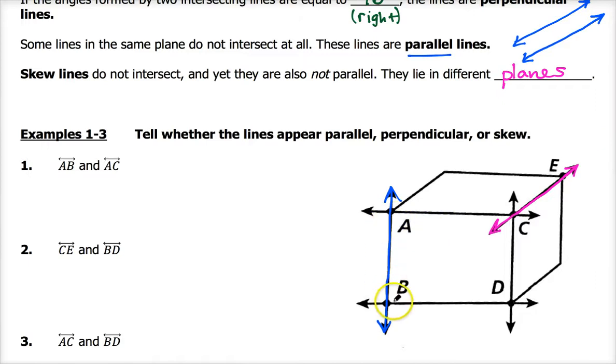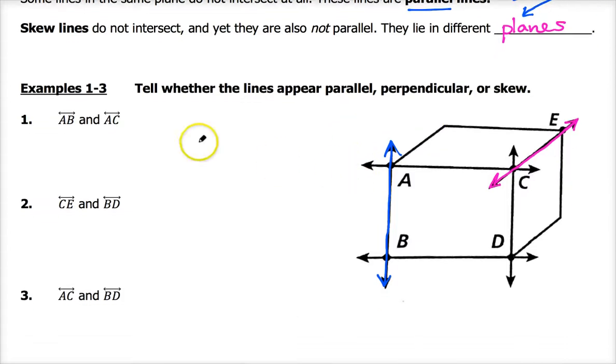It lies along this front-facing plane here. So this pink line and this blue line here, these two edges of the box, are not going to intersect, but they're not parallel because they're not on the same plane. This blue line does not lie along the top of the box, and the pink line doesn't lie along the front of the box. So because they're on two different planes, we call them skew lines, not parallel lines.